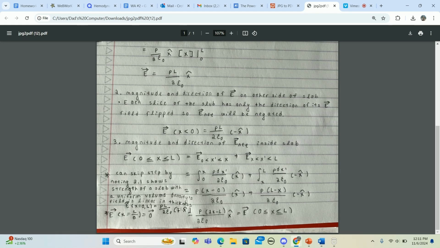It's also important to note that the electric field is 0 where x is equal to 1/2 of the length. So yeah, that's how you solve problem 2 for test 2.